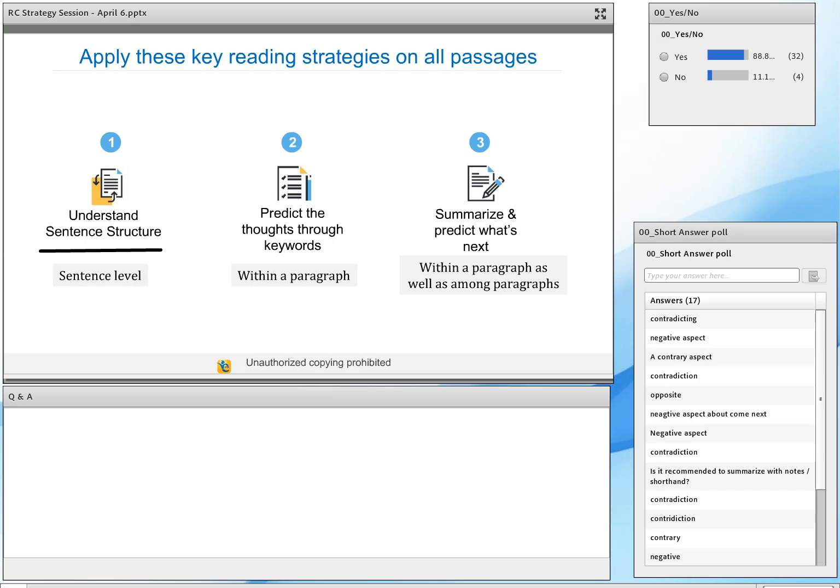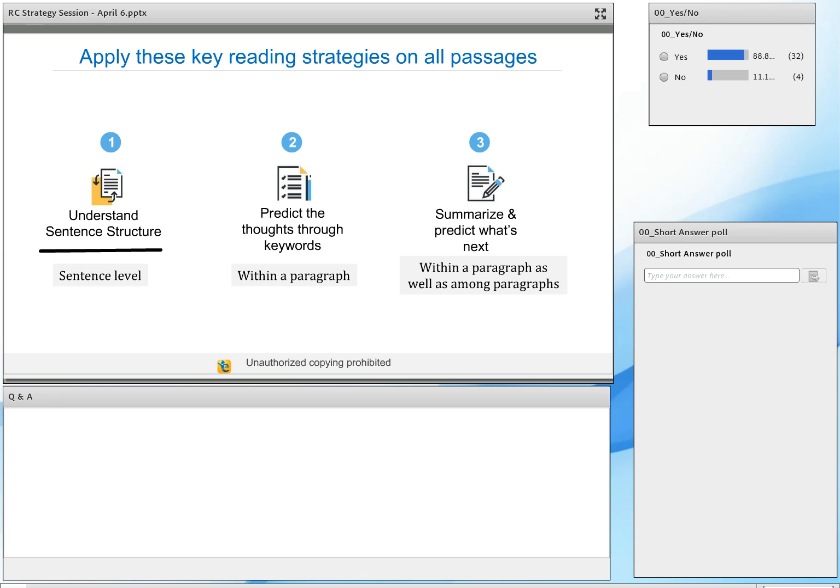So it's not that you always have to summarize only at the end of a paragraph. You need to summarize whenever you feel that there is an information overload happening. That's why the third strategy can be done within a paragraph as well as among the paragraphs.